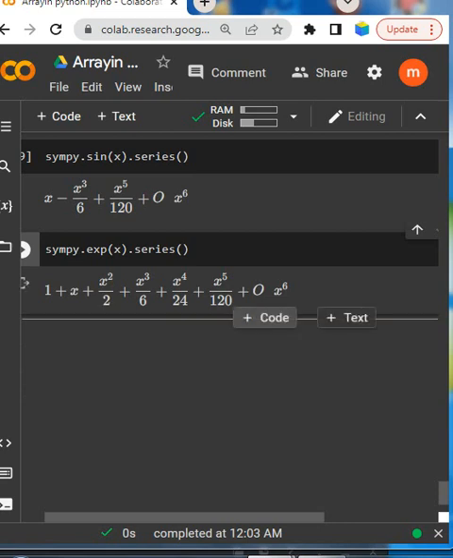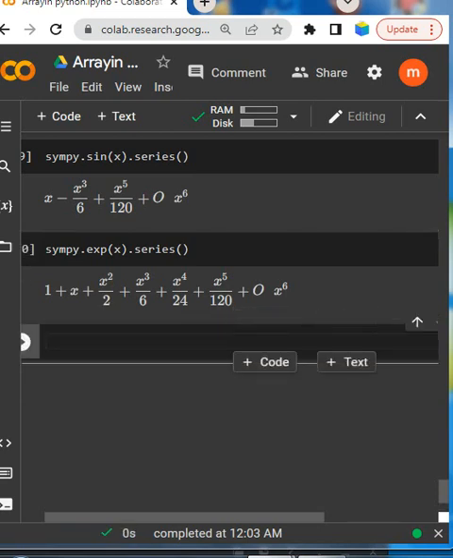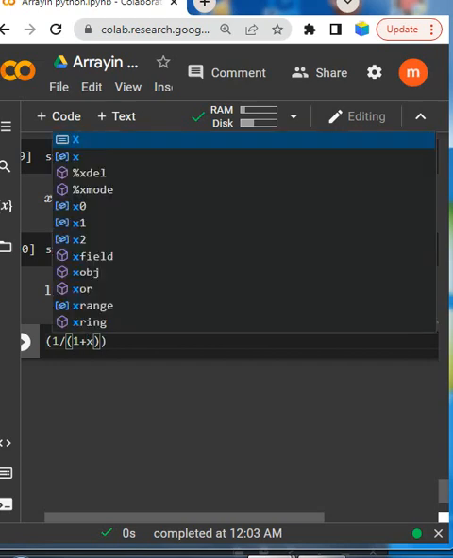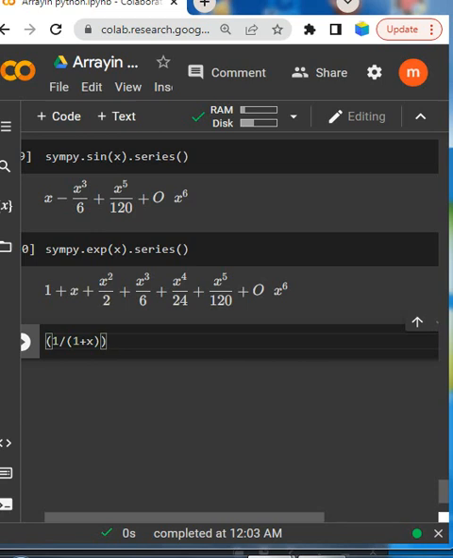Is it possible to expand 1 by 1 plus x? Yes, if you write 1 divided by 1 plus x, you need the parenthesis for 1 plus x, and then dot series.